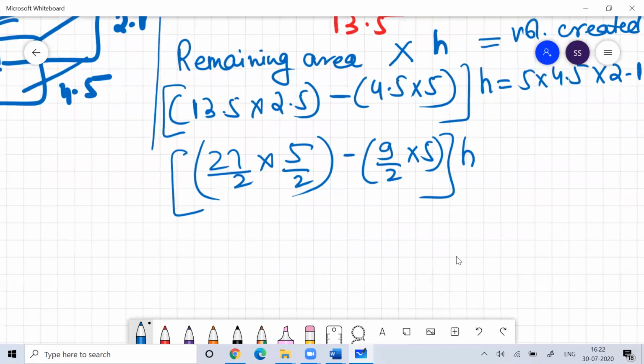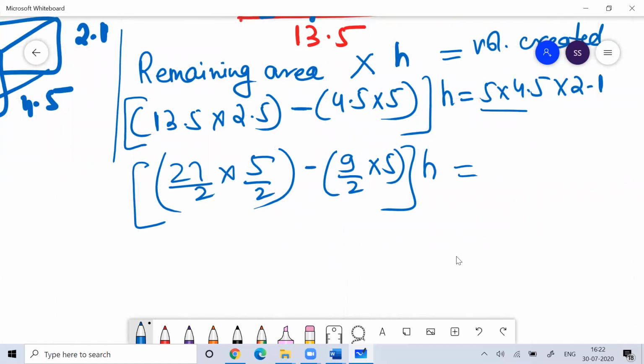So this is equal to 5 into 4.5, that is 22.5. 5 into 4.5: 45 fives are 225, so that is 22.5. This is 22.5 into 2.1.